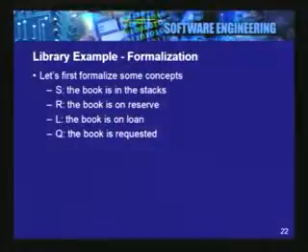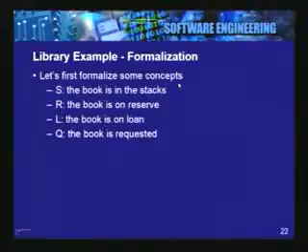So let's first start formalizing some of these concepts. The first set of concepts that we want to take a look at is the four conditions. Where can the book be? We say that S stands for the fact that the book is in the stacks.